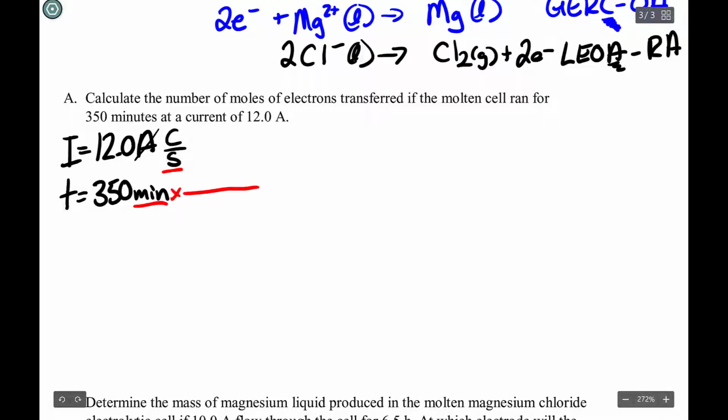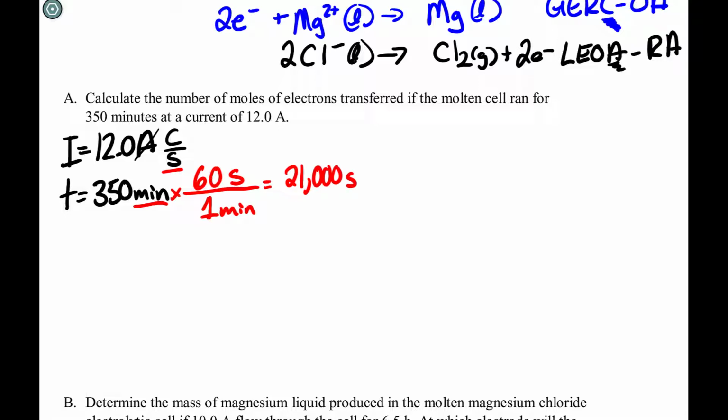I need to convert those minutes into seconds. So for every 1 minute, which goes on the bottom so I can get rid of it, there are 60 seconds. A quick calculation of 350 times 60 tells me that this is going to be 21,000 seconds. And then they haven't given me anything else.